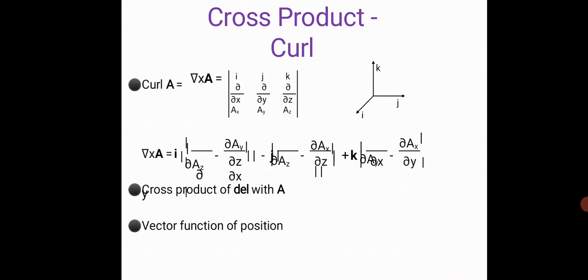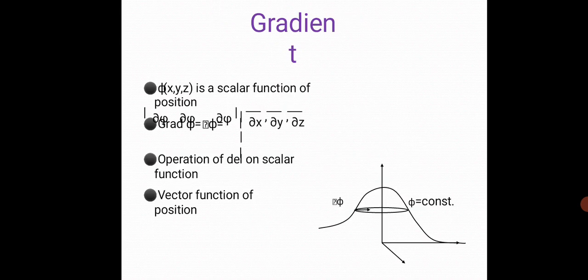We need to find the determinant of all these, which will give you the curl. This cross product of the del operator with A is the curl, and this again represents a vector function of position.